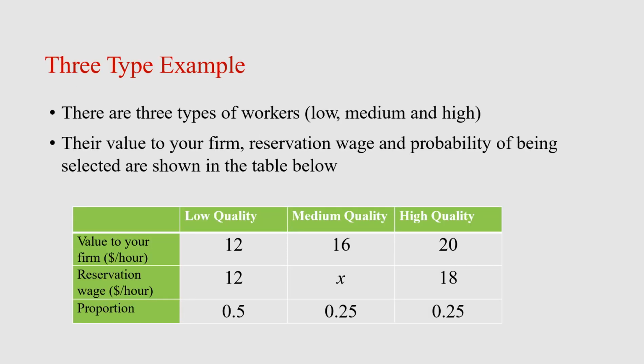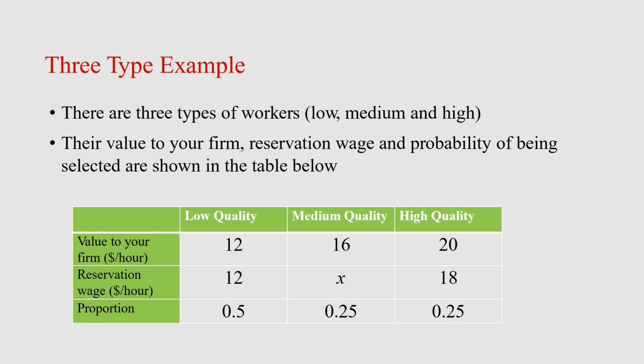So let's look at another example where we have three types of workers: low, medium, and high. Their value to your firm, the reservation wage, and the probability of being selected are shown in the table below. For a low quality worker, the value to your firm is $12 an hour.